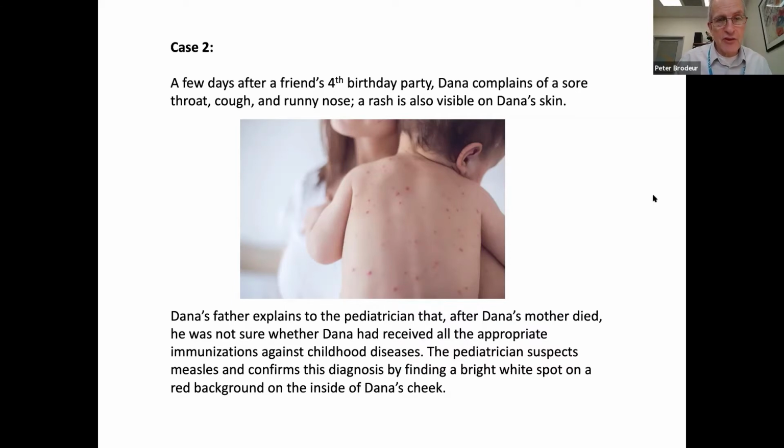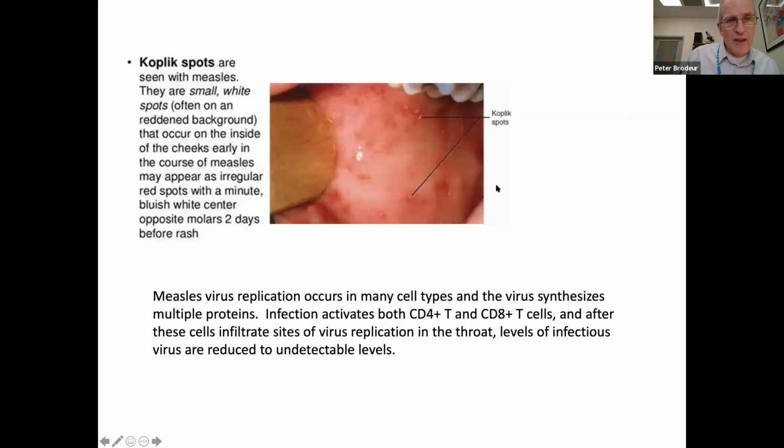So the pediatrician suspects possibly measles, given the rash, and then confirms his diagnosis on the next slide by the finding of a white spot with a red background inside the child's cheek. So the next slide. And again, this is called a Koplik spot. And this is something that physicians used to look for all the time.